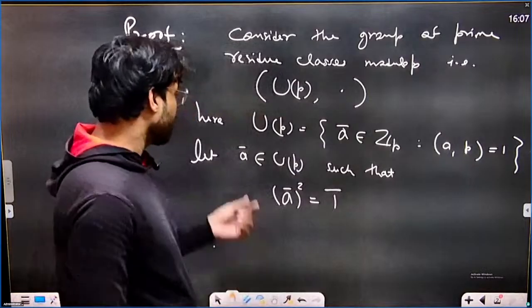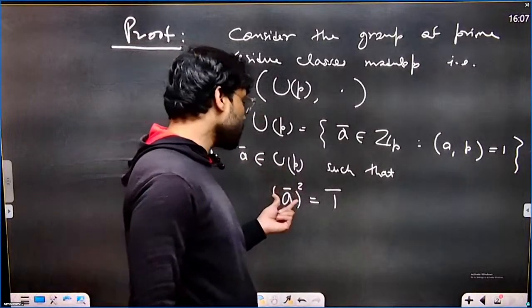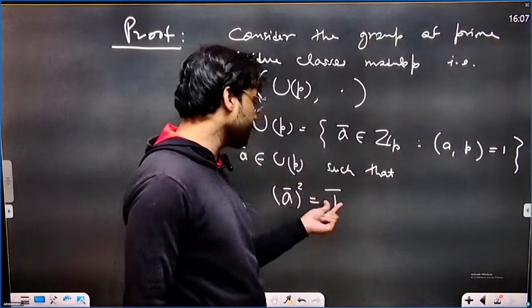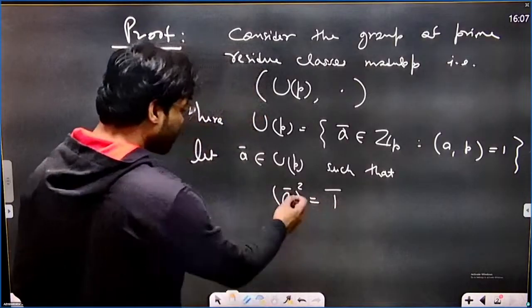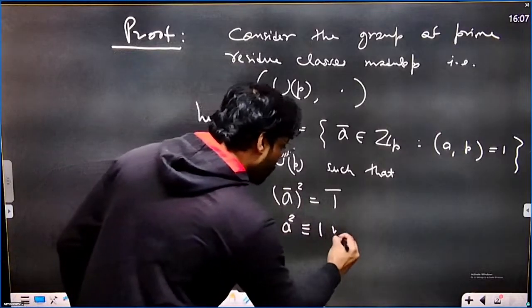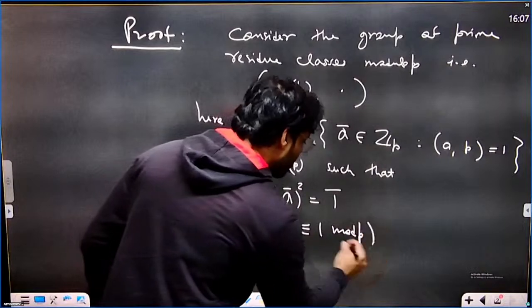That means the element is inverse to itself, that means a bar square equals 1, the identity element of the group. This implies that a square is congruent to 1 modulo p.